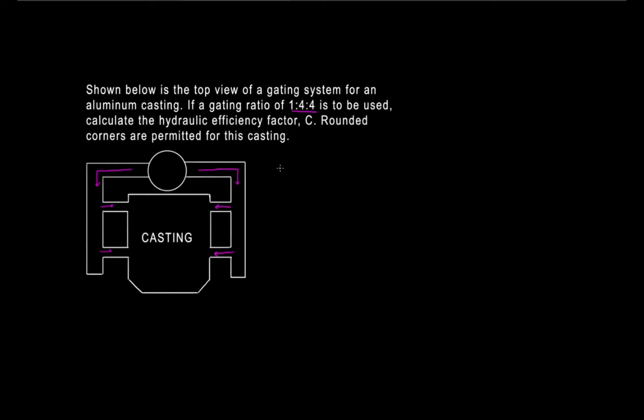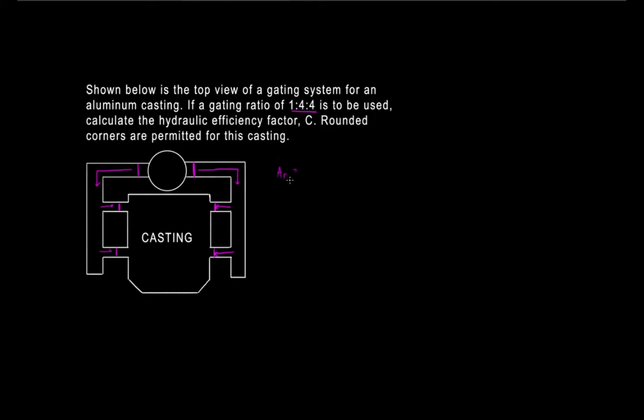So first, let's compute for the individual runner area. The assumption here is that the runner area here is equal to the runner area here. Same goes for the in-gates, no? This in-gate area here is equal to this in-gate area here, and here as well. Okay?